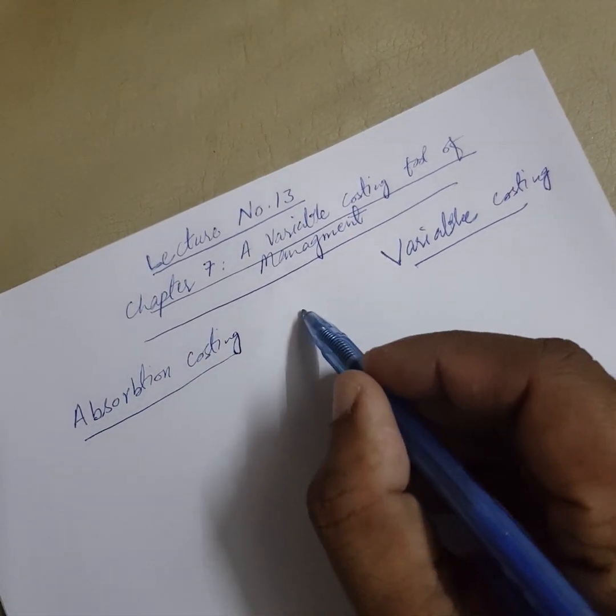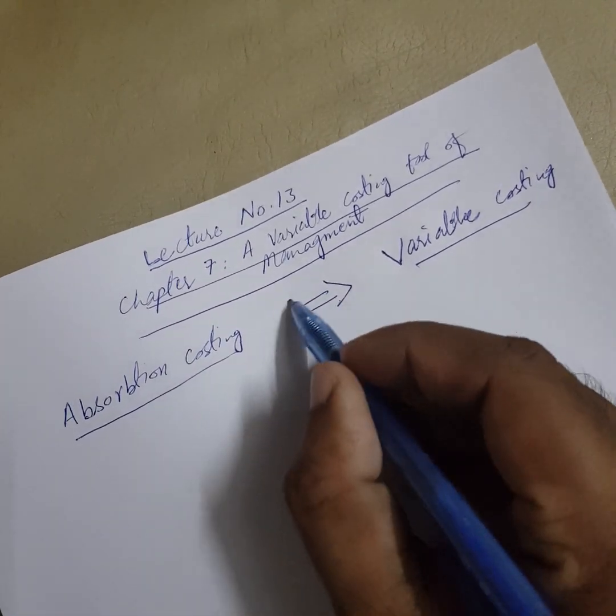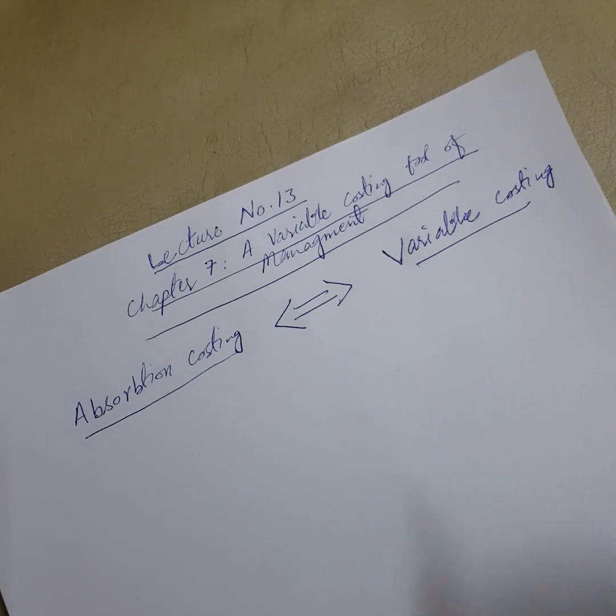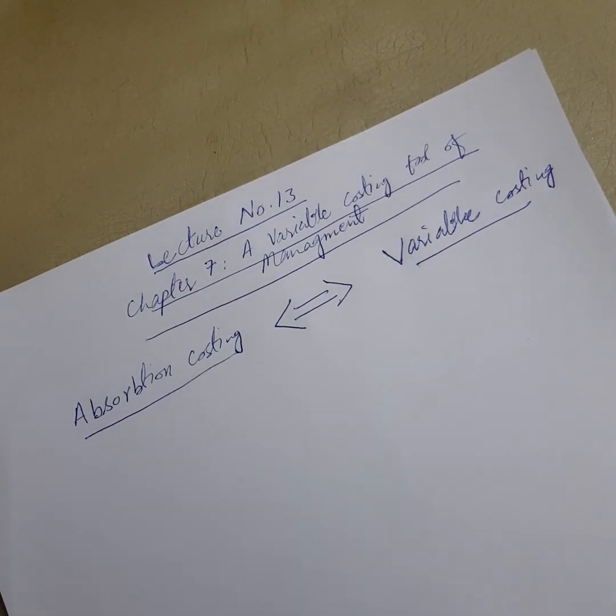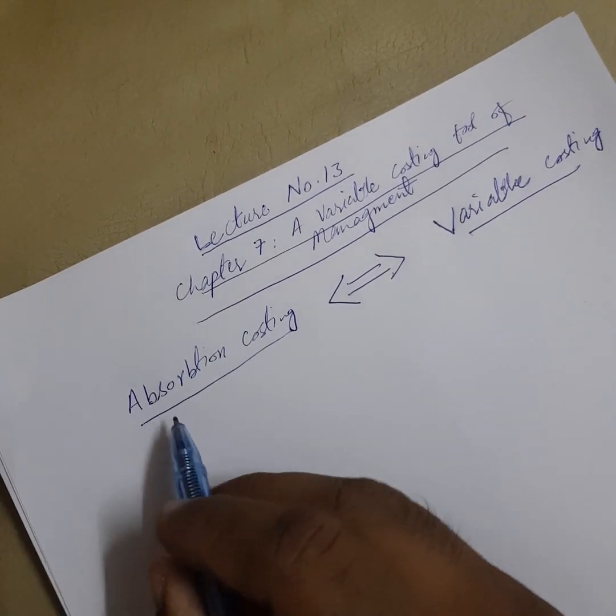The whole chapter is based on the comparison of these two types of costing. Variable costing, you are already aware, is cost that varies with the units of production. As compared to it, what is absorption cost?